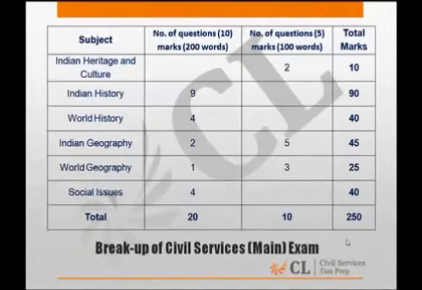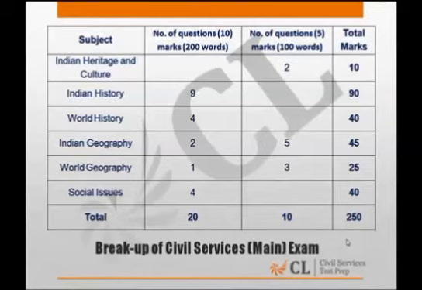Okay friends, let us see the overall analysis of questions, their kind and type. As far as you know, General Studies paper 1, the prescribed syllabus is about Indian heritage and culture, Indian history, world history, Indian geography, world geography, social issues.